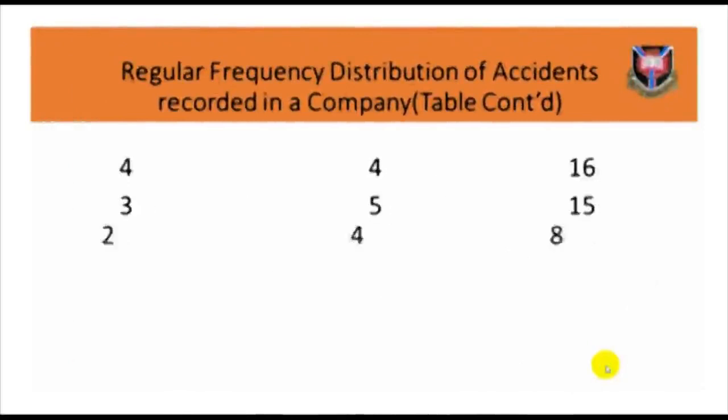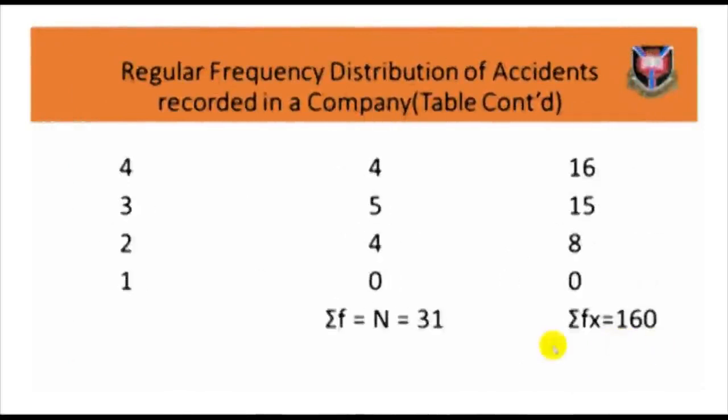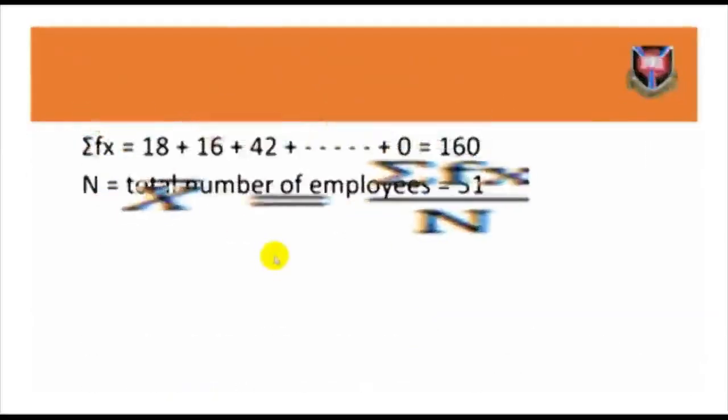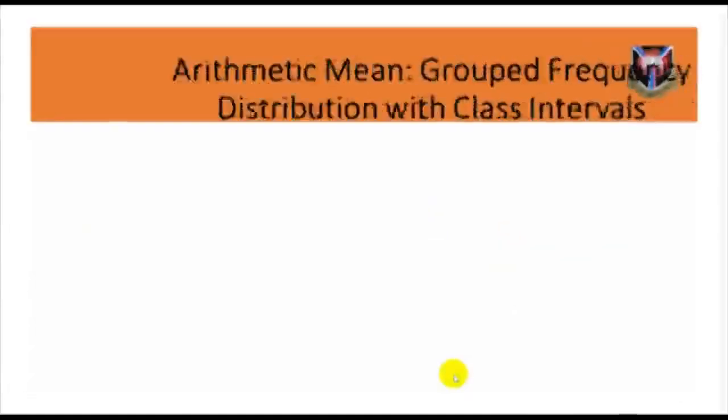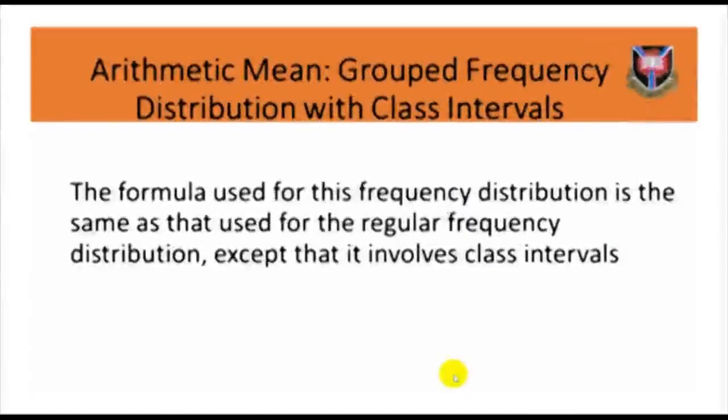N, which is the total number of employees, is 31. Therefore, the mean x bar will be equal to 160 over 31, which will give us 5.16. The average number of accidents recorded in the company for the year is therefore 5.16, which may be approximated to 5, since number of accidents can only be expressed in a discrete measurement form.